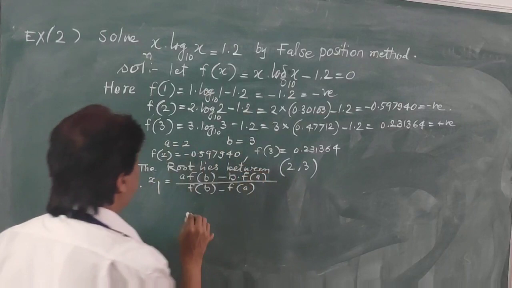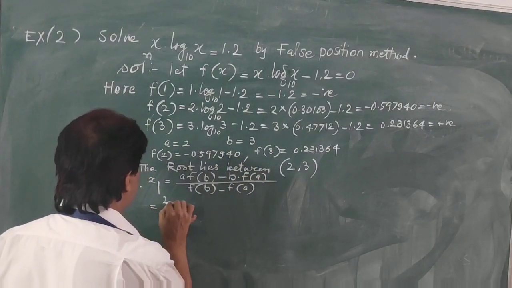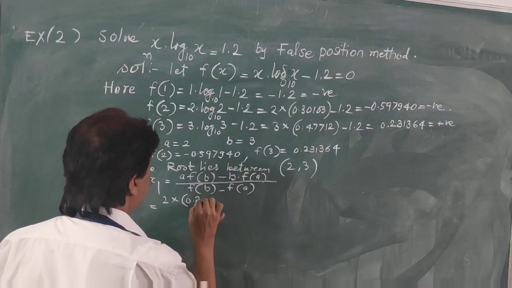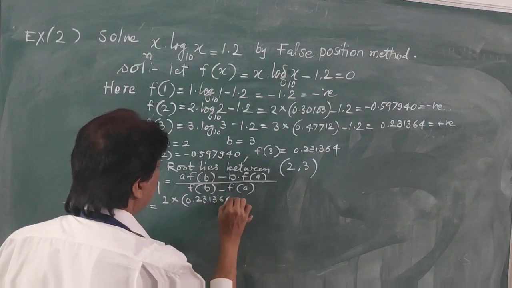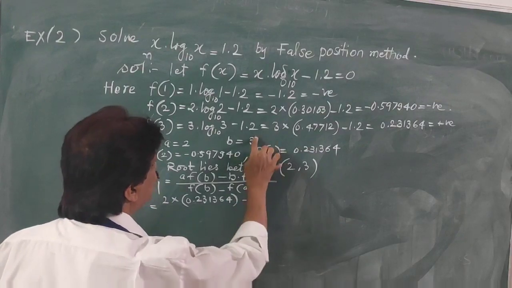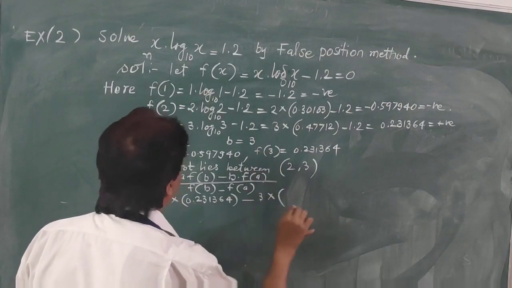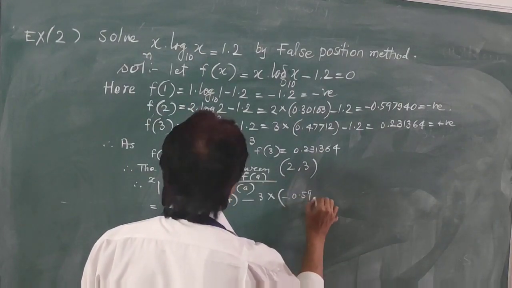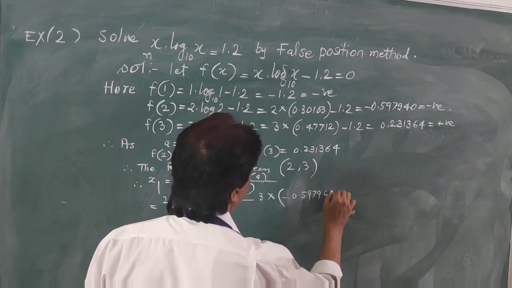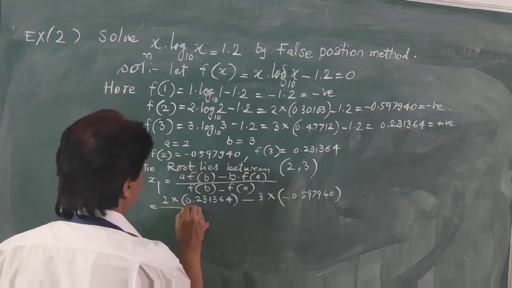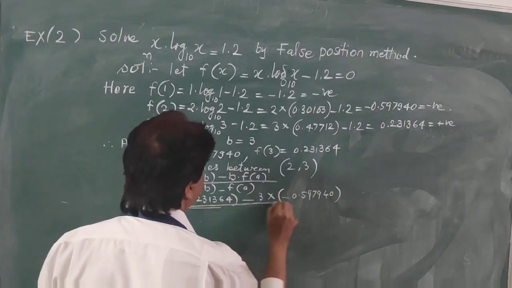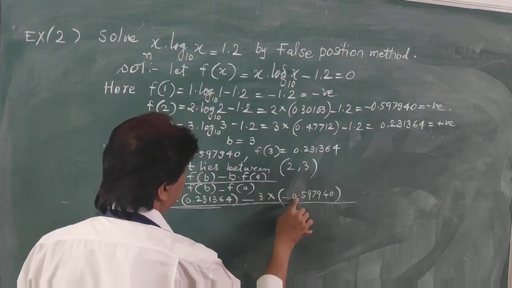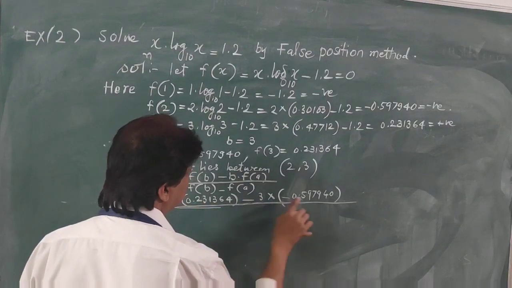A into f of b, that is 2 into f of b, which is 0.231364, minus b into f of a, that is 3 into f of a, which is minus 0.597940, divided by f of b minus f of a. This bracket minus this bracket.